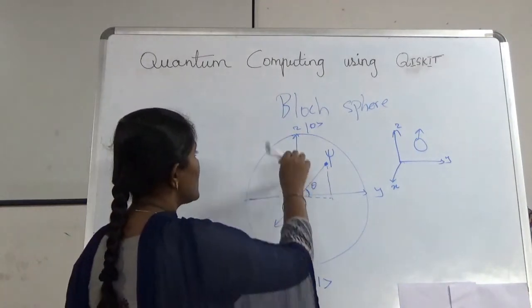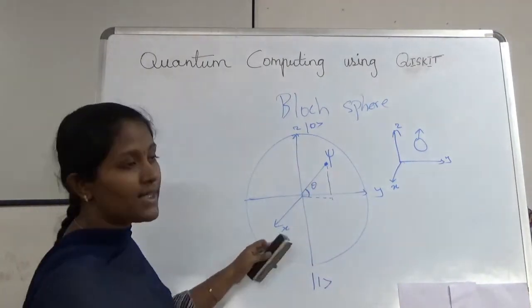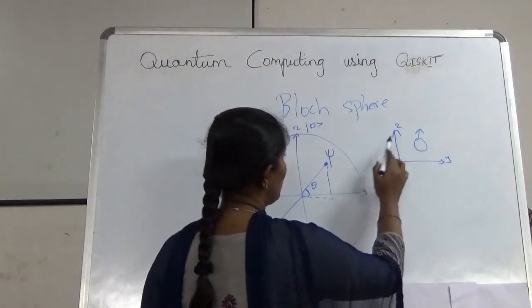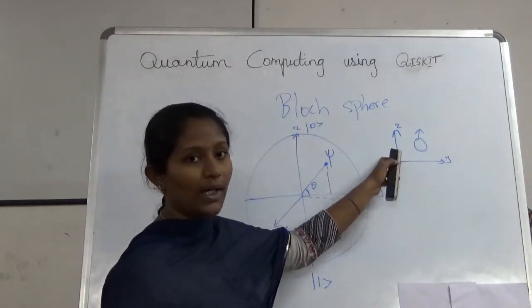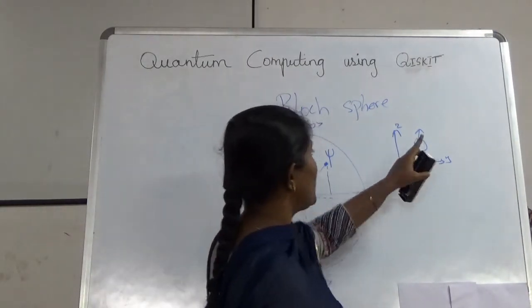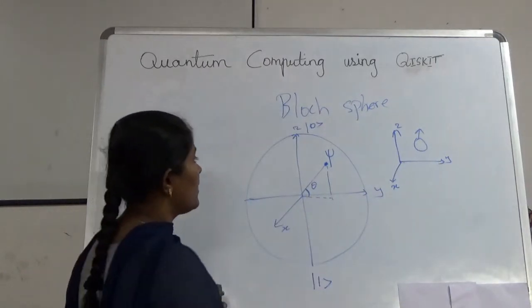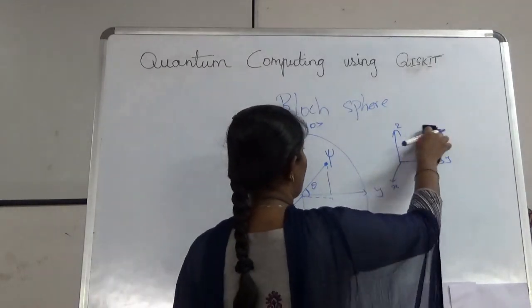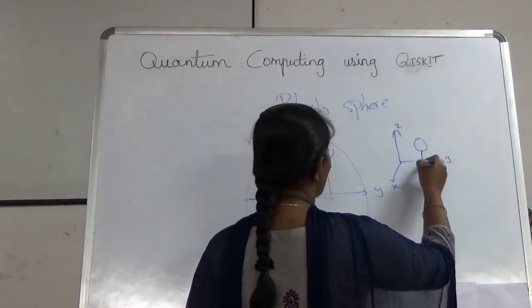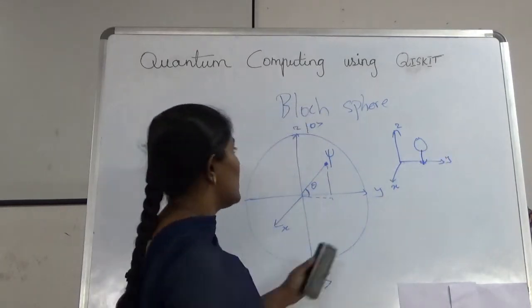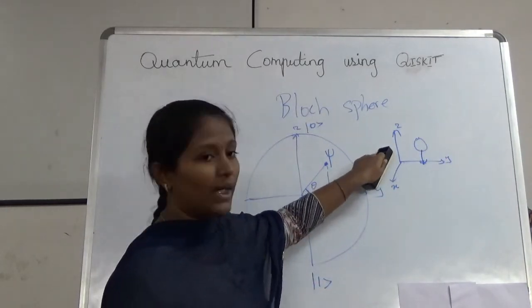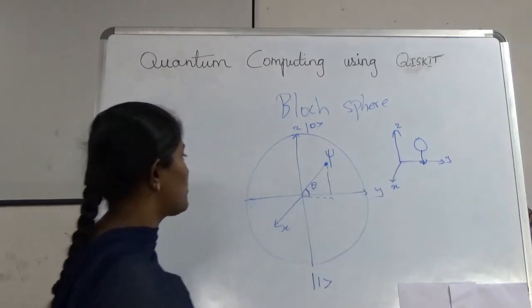We have three coordinates z, y, and x. If the electron spin is aligned to the z coordinate, it is said to be in the spin up state. And if the electron spin is totally opposite from the z coordinate, it is in spin down.